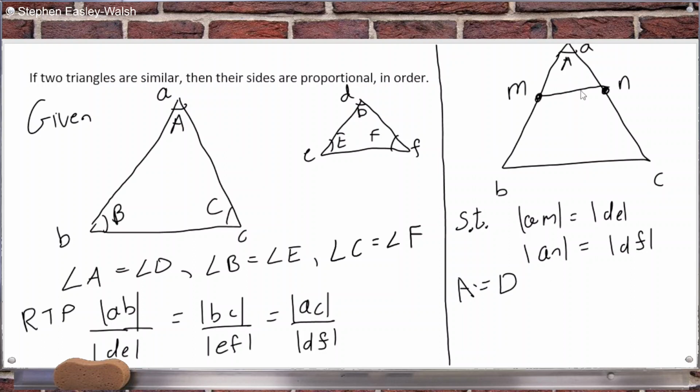So what we can say is that this little triangle that we've just put onto the bigger triangle is congruent with this triangle here. So that means the triangle DEF is congruent to the triangle AMN. Okay.